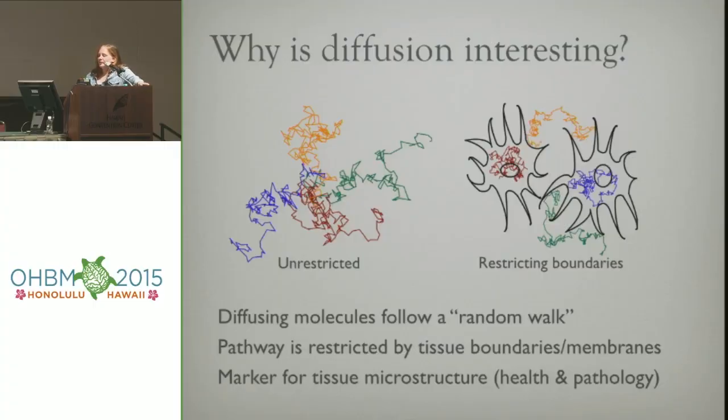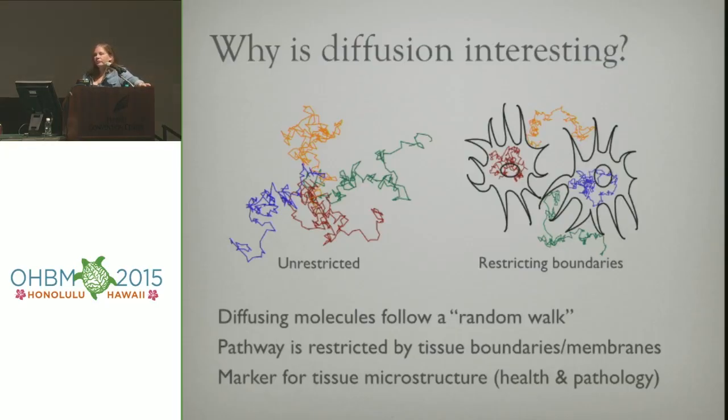So these diffusing molecules, we often think of them as following a random walk, and I'm sure you'll hear about people simulating diffusion in this way later on. If we look at unrestricted diffusion, water molecules will take this sort of random pathway. And as soon as they're in tissue, where you have restricting boundaries, so you have membranes that are causing the water molecules not to be able to disperse as far as they would otherwise, suddenly what you've created is a marker for tissue microstructure.